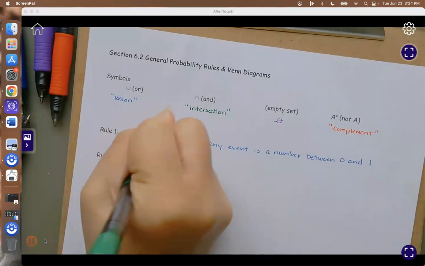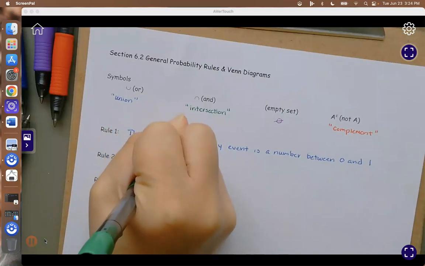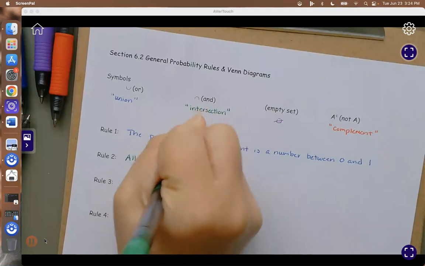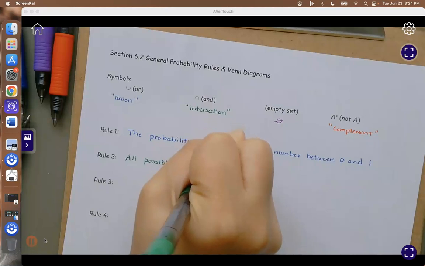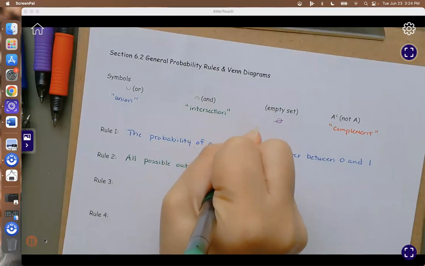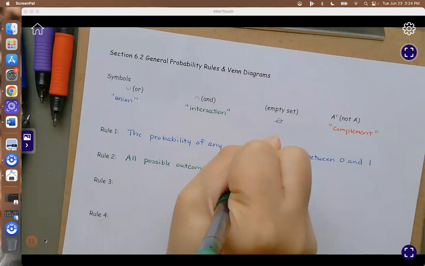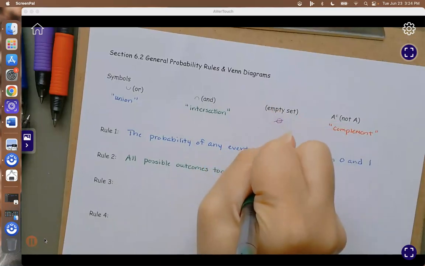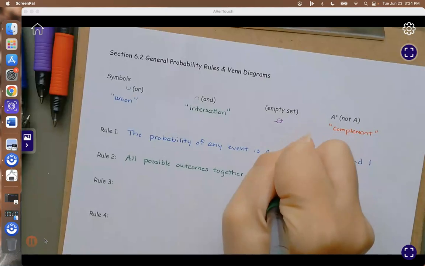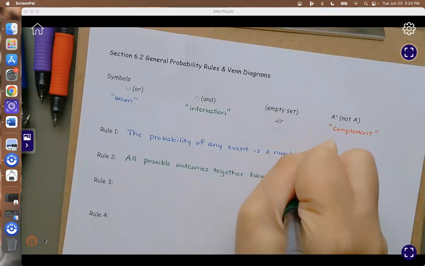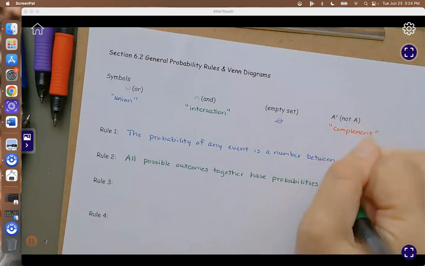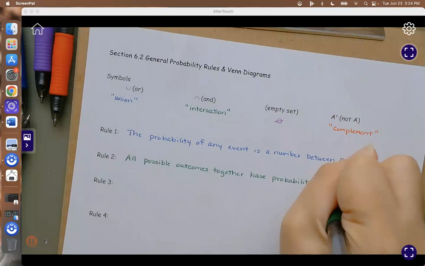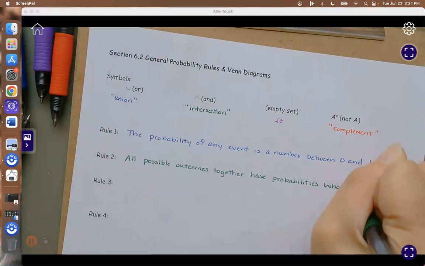All possible outcomes together have probabilities whose sum is 1.